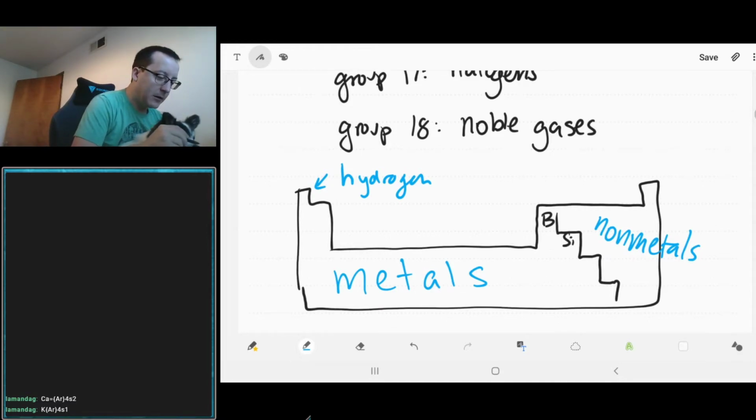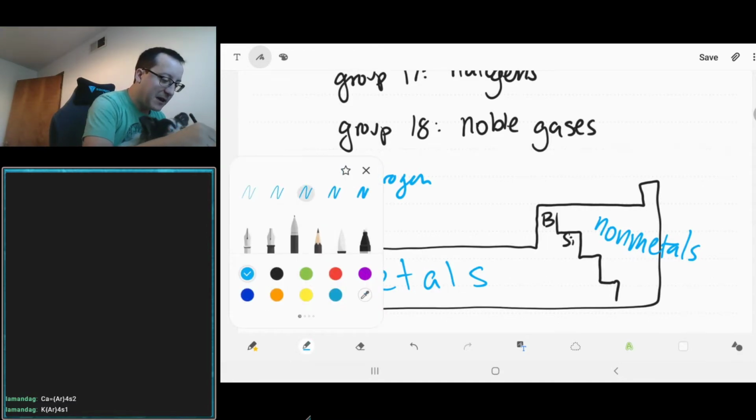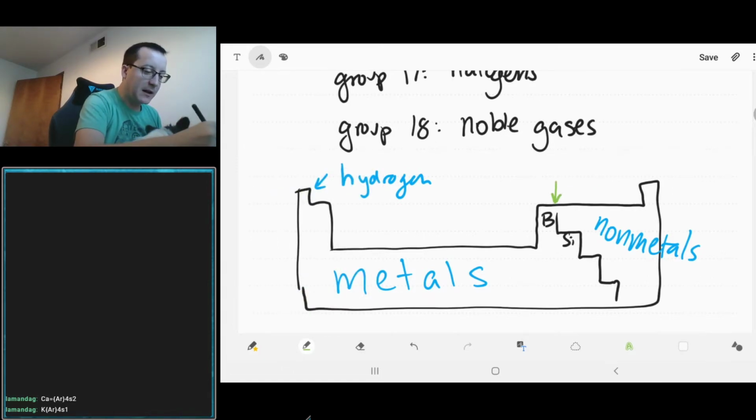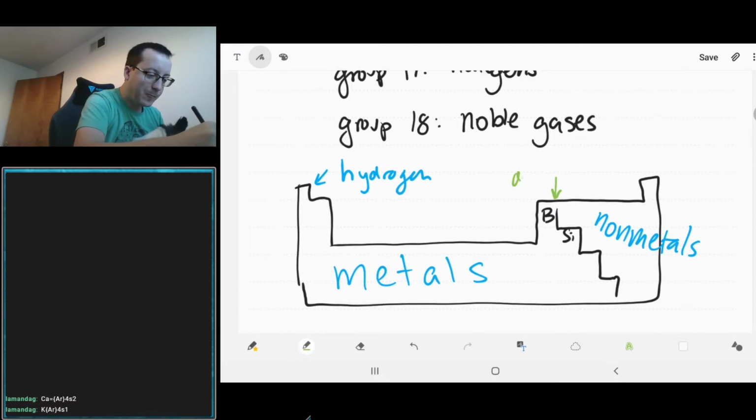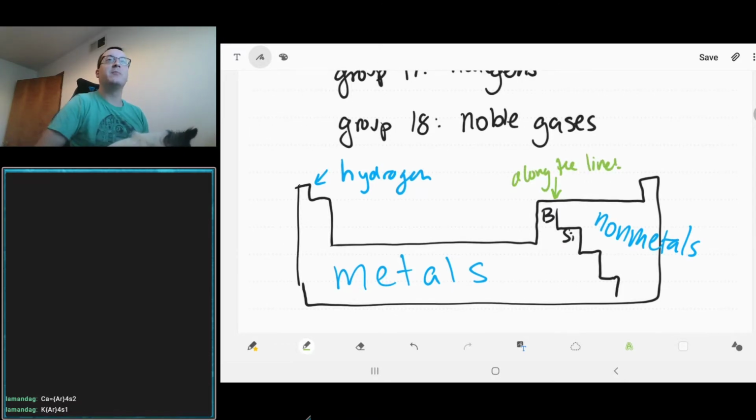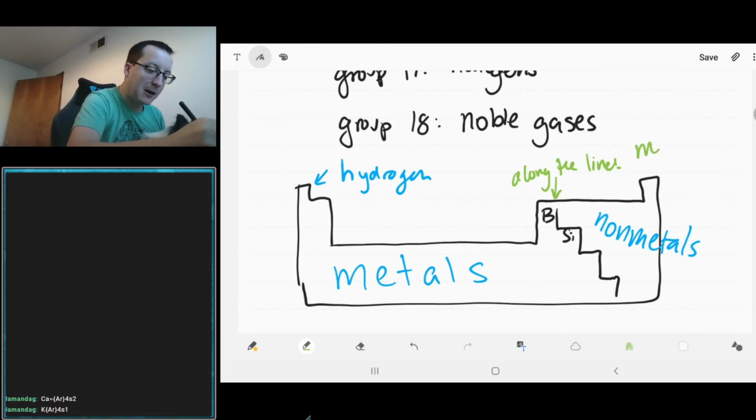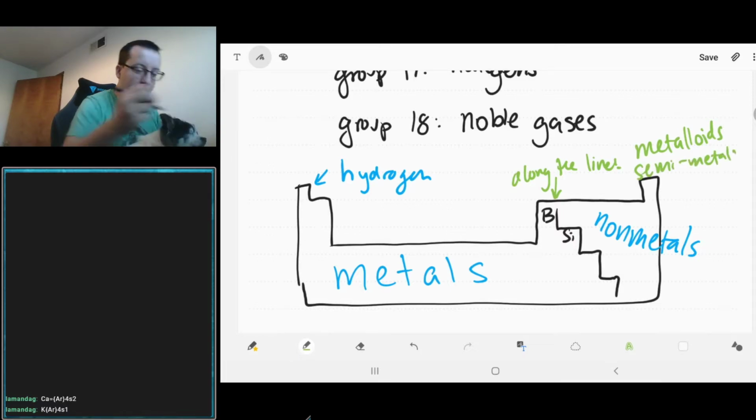So you're wondering, how about this squiggly line? Stuff along the squiggly line, those are going to be kind of in between. We call those metalloids or semi-metals.